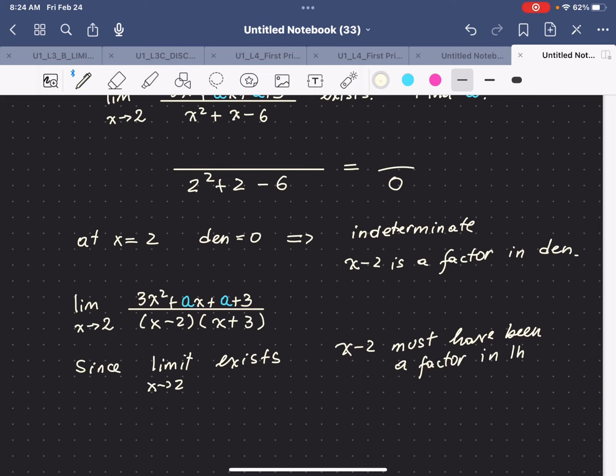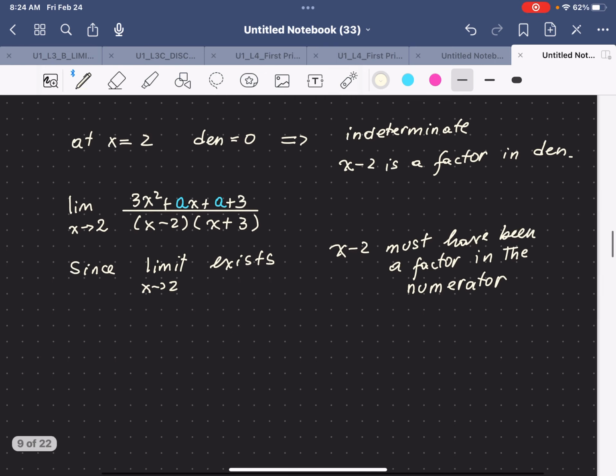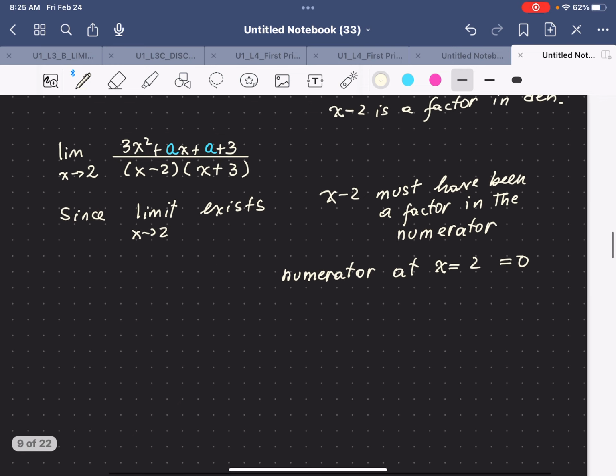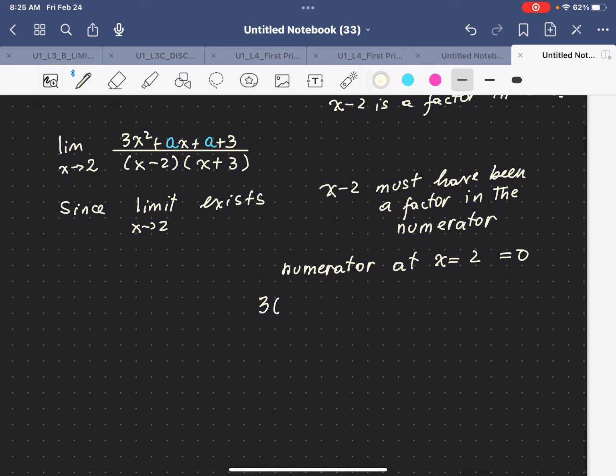So what that means again, based on the remainder and factor theorem, is that the value of the numerator at x equals 2 must be equal to 0. So let's make this happen. So we have 2 squared plus a times 2 plus a plus 3 equals 0.